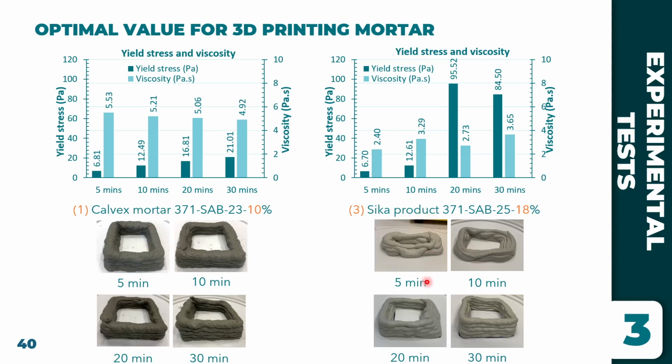This mixture at 5 and 10 minutes, its behavior becomes very fluid, and the only difference between this mixture and this mixture is the viscosity. So with low viscosity, the buildability of this mixture is very terrible, but when the yield strength of this mixture is high, it has better behavior. It can overlay 5 layers easily and the surface is quite smooth.